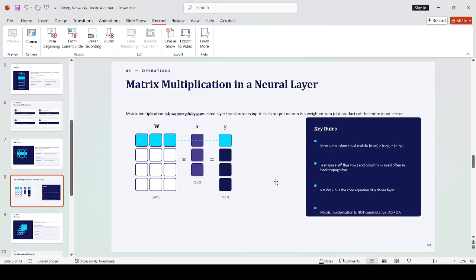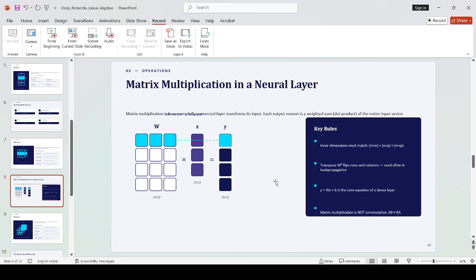Matrix multiplication is one of the most important operations in deep learning. Suppose we have a weight matrix W with dimensions 4 by 3 and an input vector X with dimensions 3 by 1. When we multiply them, the output becomes a vector of dimensions 4 by 1. One important rule is that the inner dimensions must match. For example, a matrix of size m by n can only be multiplied with another matrix of size n by p.